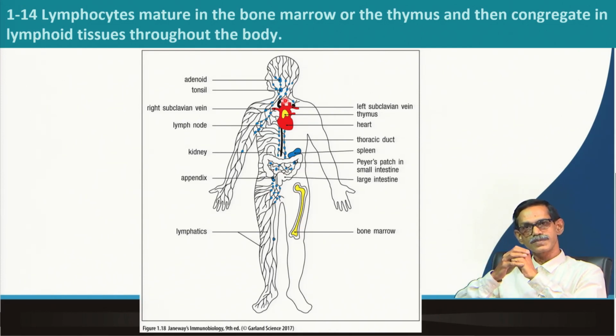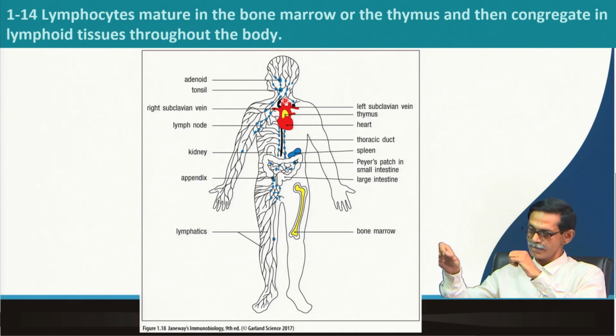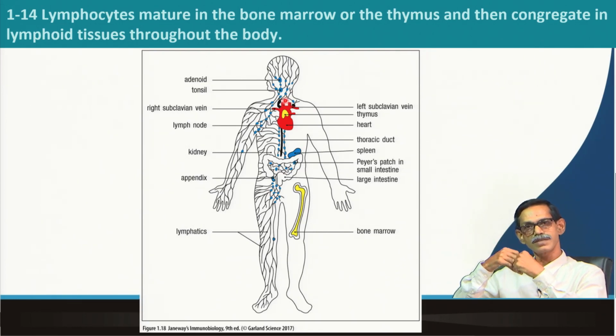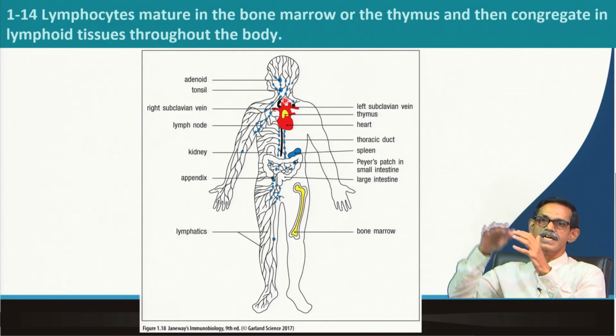sitting there. If any person is committing a crime, what will happen? There are certain persons in the police department who catch them and bring them to the nearest thana or police station, right. Here also, the lymph nodes are the local police stations, and macrophages and dendritic cells are covering or scanning the whole body.